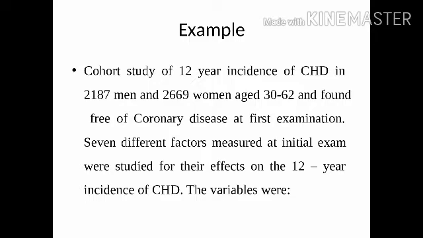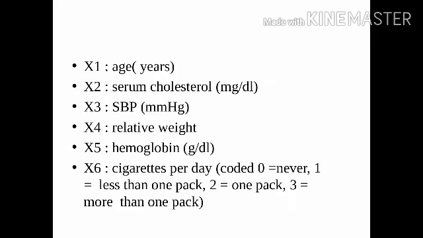For example, in a cohort study of 12-year incidence of CHD in 2,187 men and 2,669 women aged 30 to 62 and found free of coronary disease at first examination, 7 different factors measured at the initial exam were studied for their effects on the 12-year incidence of CHD. The variables are: x1 is age in years, x2 is serum cholesterol in mg per dl, x3 is the systolic blood pressure in mmHg, x4 is relative weight, x5 is hemoglobin, and x6 is cigarettes per day.